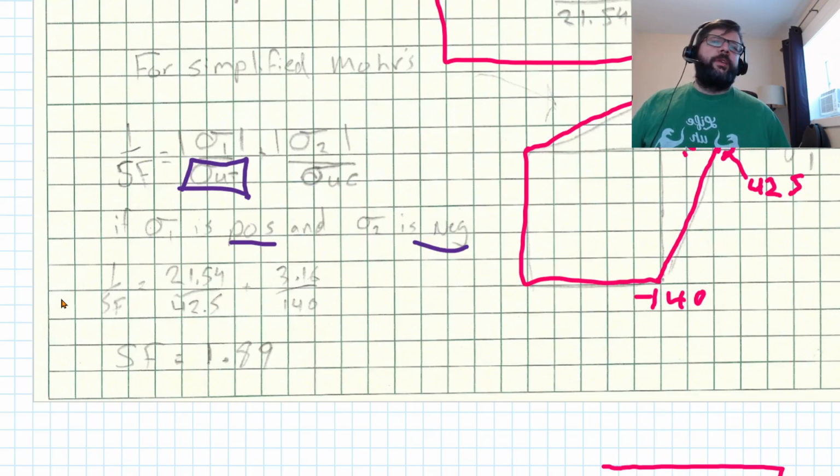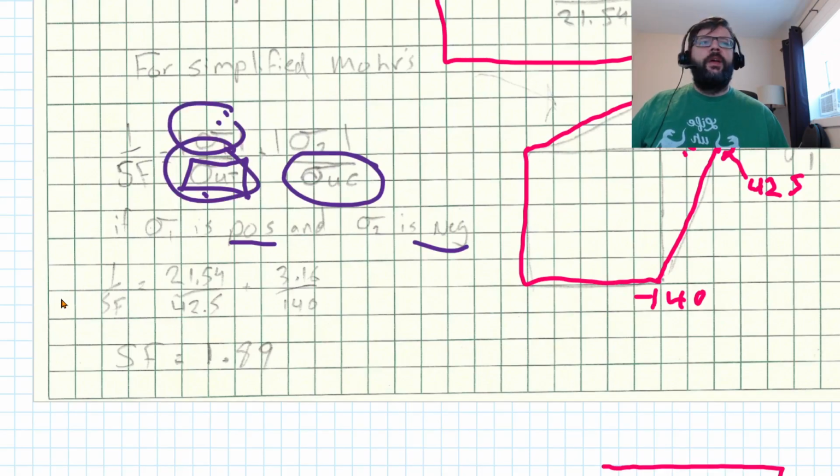Realistically, we didn't really need to use the absolute values there, as long as you also include the negative value on the compressive strength. Both terms add up to positive things.